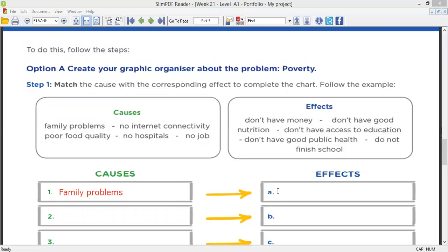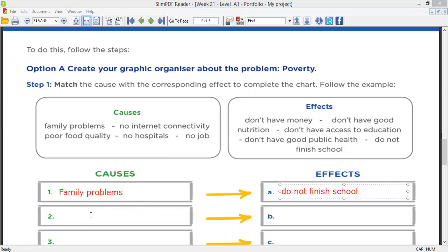Maybe if we have some family problems, it's possible that people do not finish school, for example. Okay, I take this one: do not finish school.